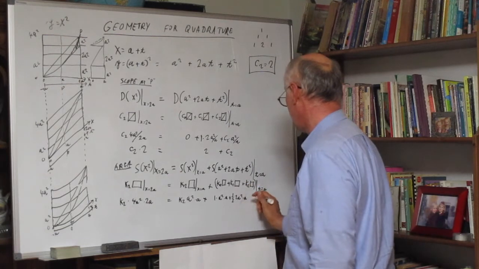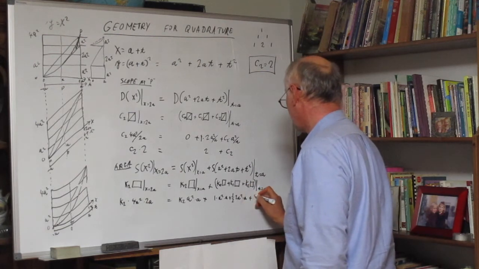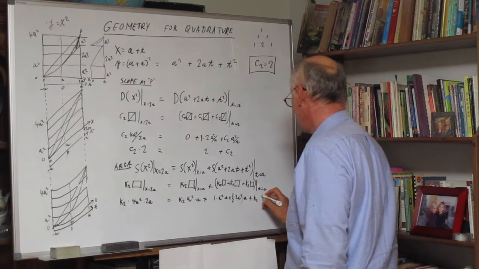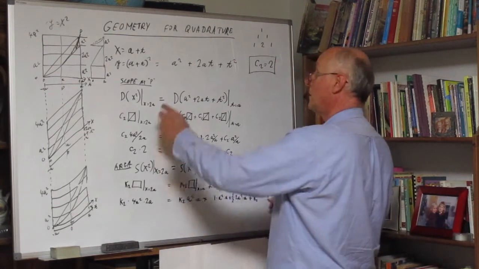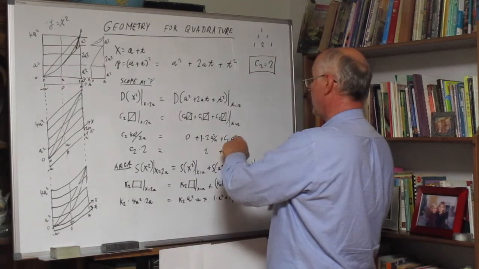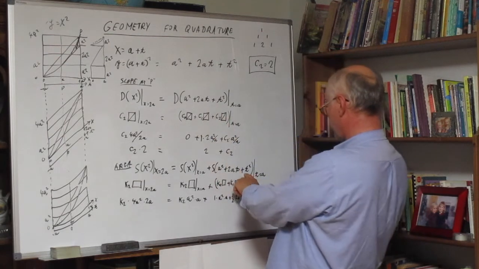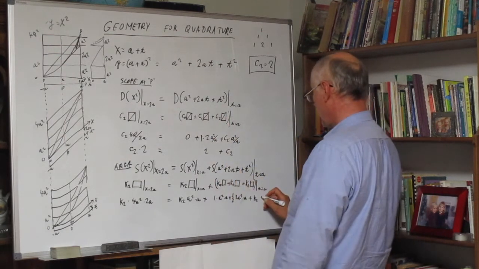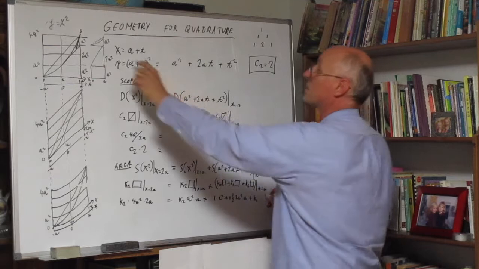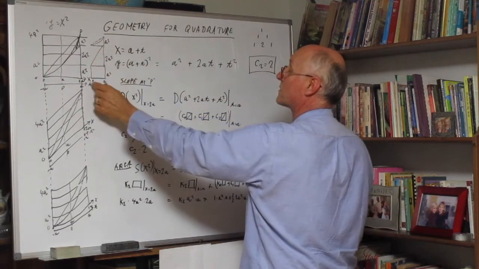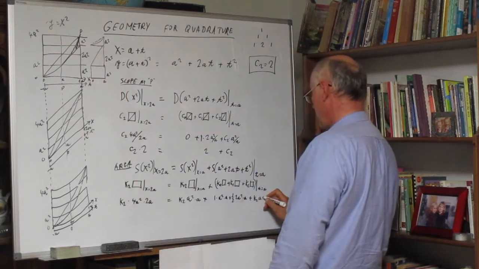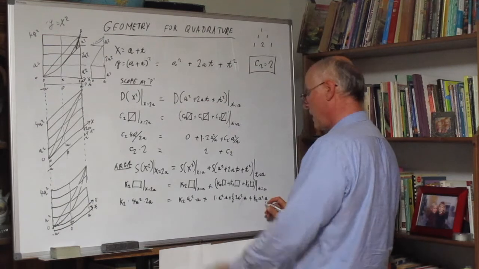Height times base, and then plus K2 times the third one, which is, I'm getting confused. Yeah, the rise is a squared, the run is a, so a squared times a.